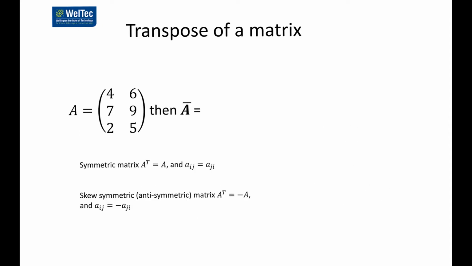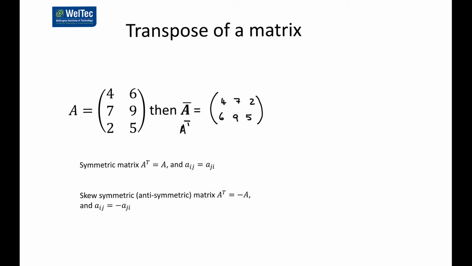When we come to look at inverses and things, we need to know about the transpose of a matrix, and sometimes you see it written as A with a T. All you're doing is taking the first row and making it become the first column, and the second row becomes the second column, etc. So for the one that's shown on the slide, 467925, the transpose will become 472, the first column becoming the first row, and then the second column will become the second row, like that.